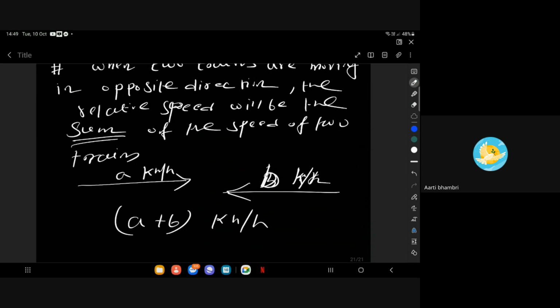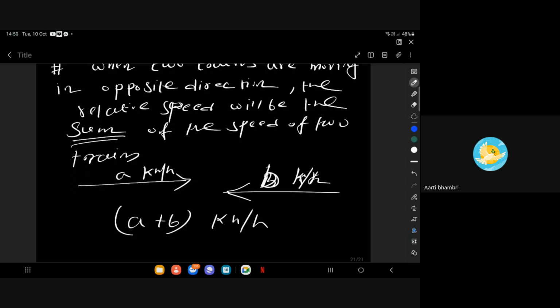Just imagine you are sitting in a train or bus. Another bus is crossing you, moving opposite to you. You will see that the bus is crossing you immediately, in very less time. And if you sit in a bus and another bus is moving in the same direction, parallel to each other, it will take much more time than the bus moving in the opposite direction.